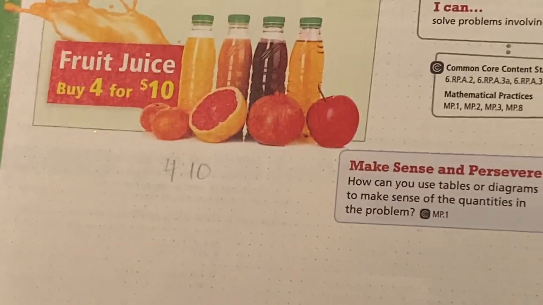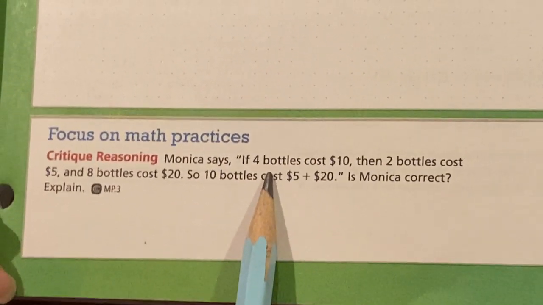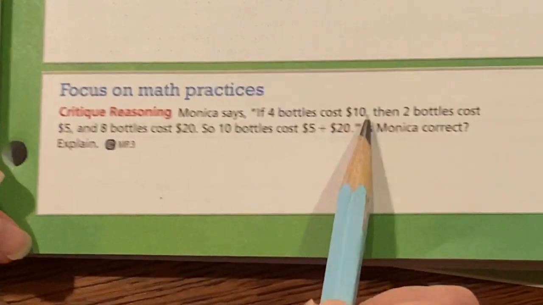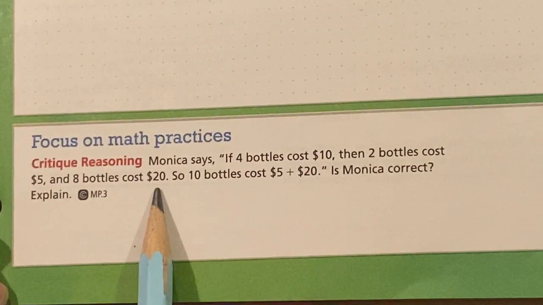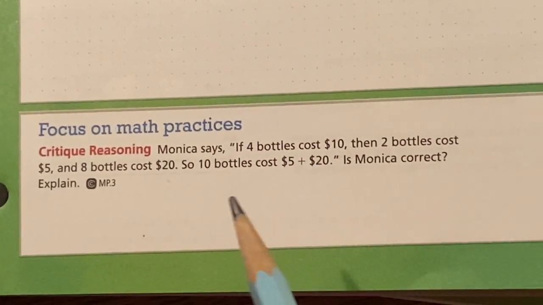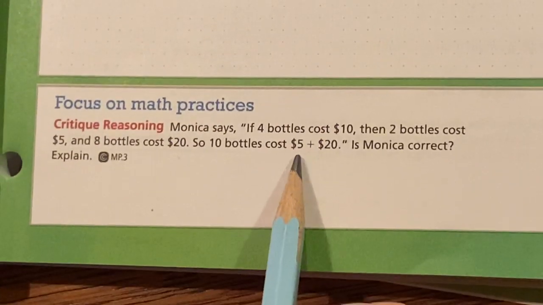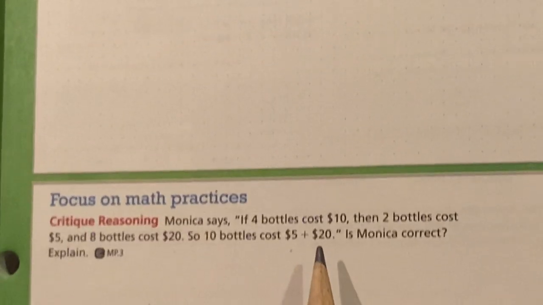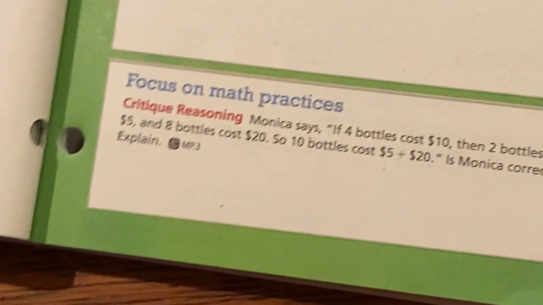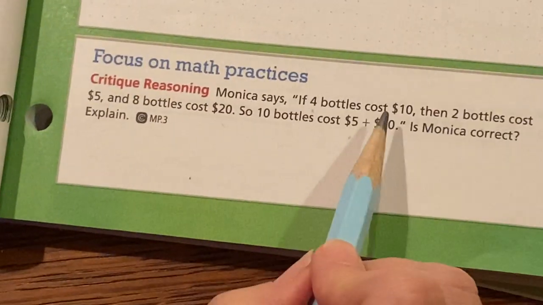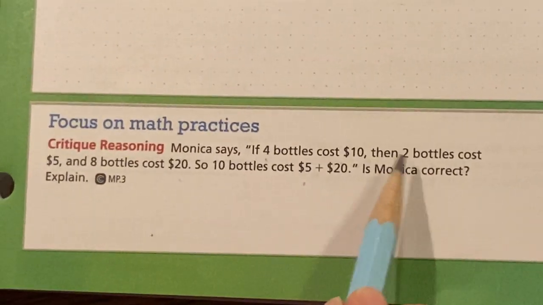Let's see what Monica says. Well, Monica says if 4 bottles cost $10, then 2 bottles cost $5, and 8 bottles cost $20. Yep, so 10 bottles cost 5 plus 20. Is Monica correct? Explain. Well, let's take a look. 4 bottles cost 10, then 2 bottles cost 5.